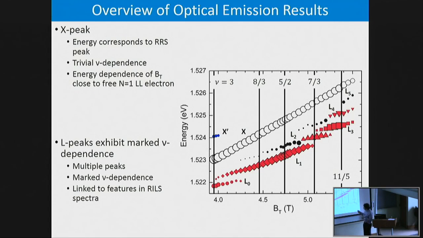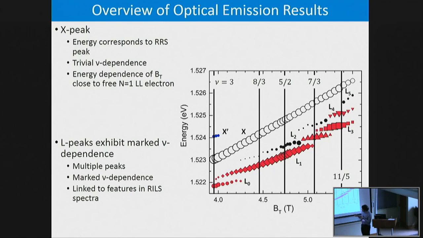Here's an overview of the fitted results. We've discussed the X peaks a little, but now looking at the composition of the L peaks, the fitting process we used was with Lorentzians and in a couple of cases Gaussians.